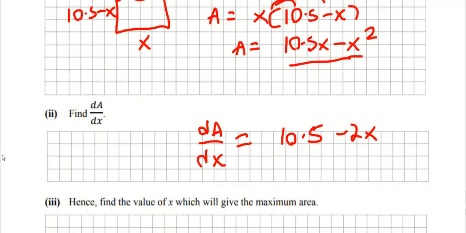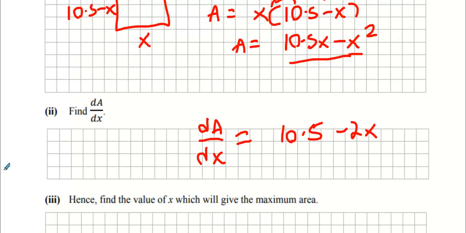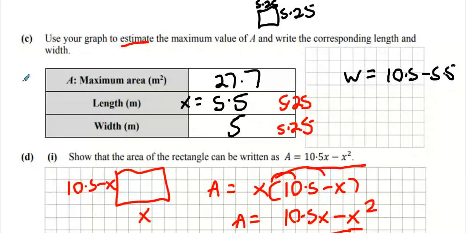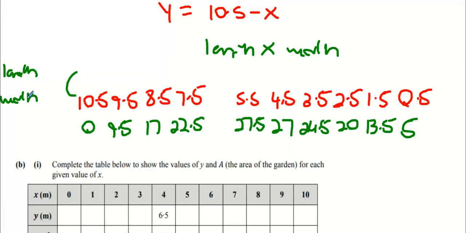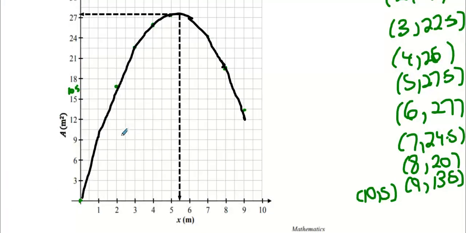Now, please remember, when you're talking about maximum values, you're talking about the slope being equal to 0. So it's positive in this area, but at the very top where the maximum takes place, the slope has to equal 0.